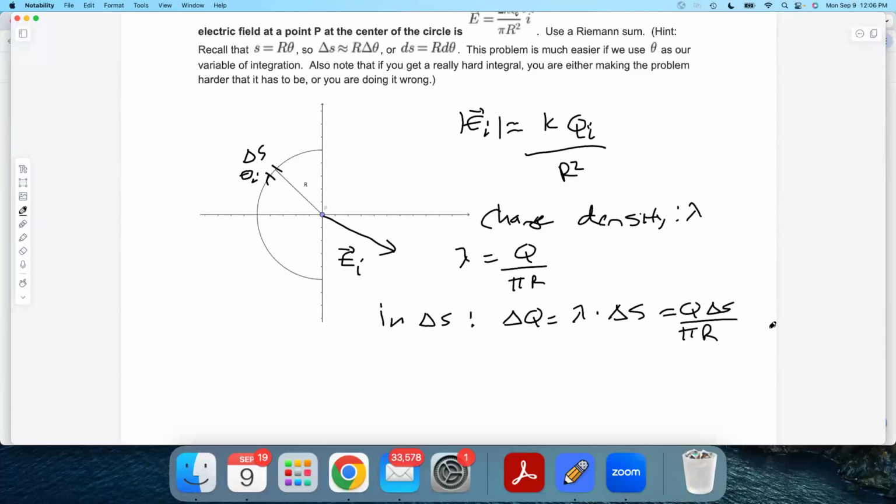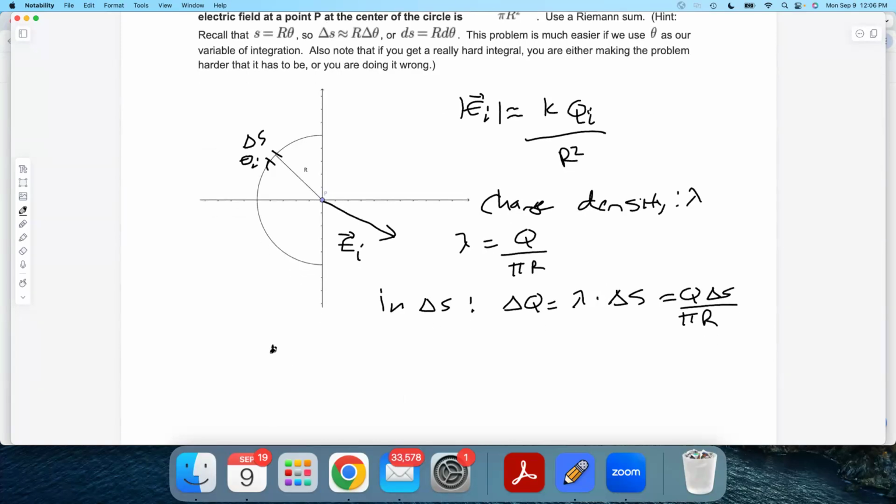Now, again, this problem is so much easier if we integrate in terms of theta. So now I'm going to make this change. You may remember S equals R theta from your trig class. So delta S is approximately R delta theta. R doesn't change. So that gives me delta Q, the amount of charge, let's call it QI like we did up here.